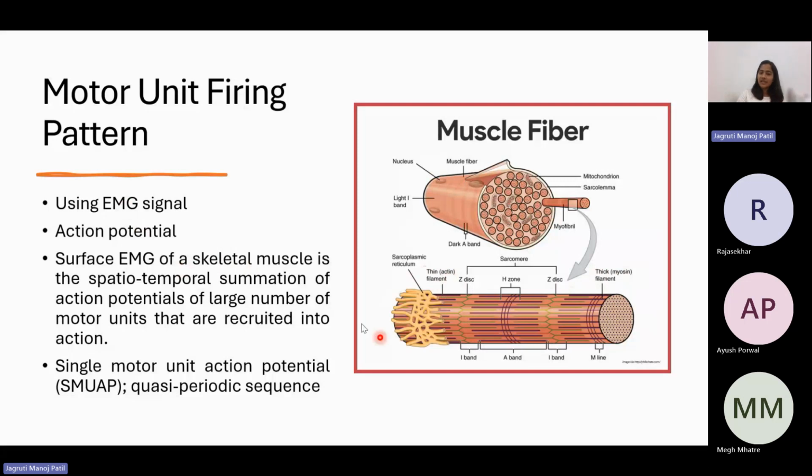So surface EMG of a skeletal muscle is nothing but the spatiotemporal summation, within the space and with respect to the particular instant of time it's happening, of the action potentials of a large number of motor units. We had a single motor unit, and now there are many such bundle units that make up the entire muscle fiber that are recruited into the action. If one such unit is working, we call it a single motor unit action potential.